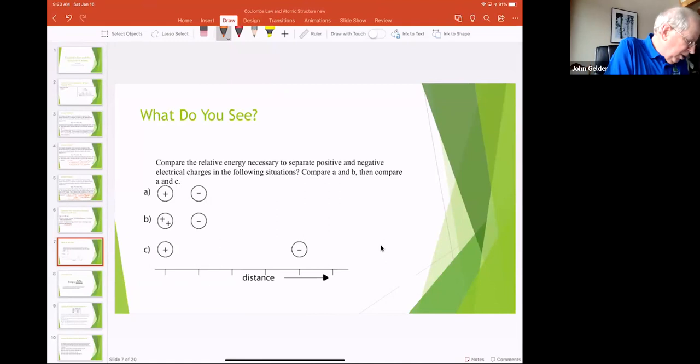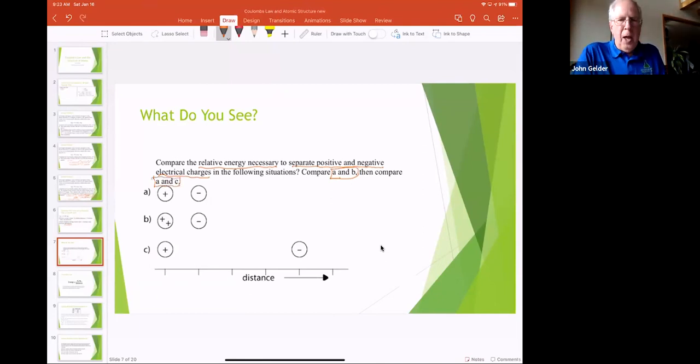In this question, we're asked to compare the relative energy necessary to separate positive and negative electrical charges. And we're supposed to compare A and B first, and then compare A and C.